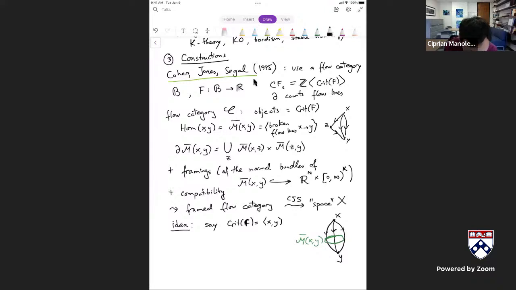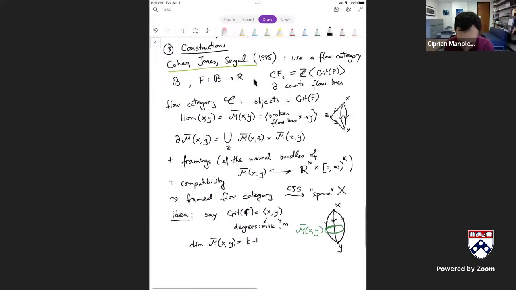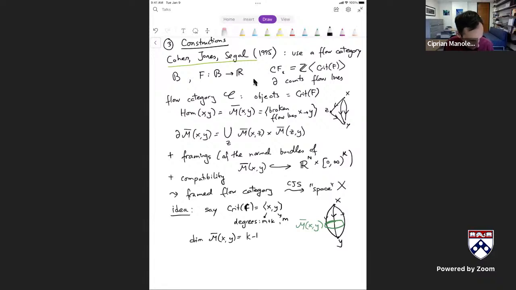Let's say X is in degree M plus K and Y is in degree M, then the dimension of M bar XY is K minus 1. If there are no other critical points, then this is already compact. We don't have to compactify it by any broken things. There's nothing broken. This is a smooth manifold. Maybe also frames. So we're assuming that we have framings.